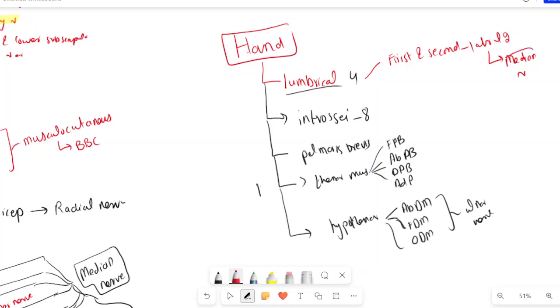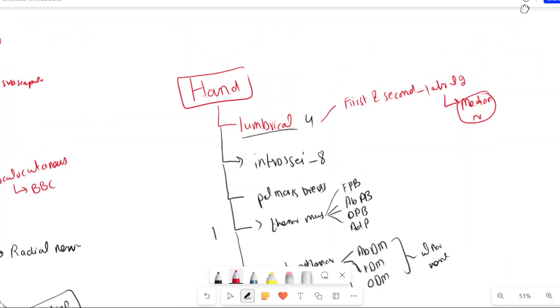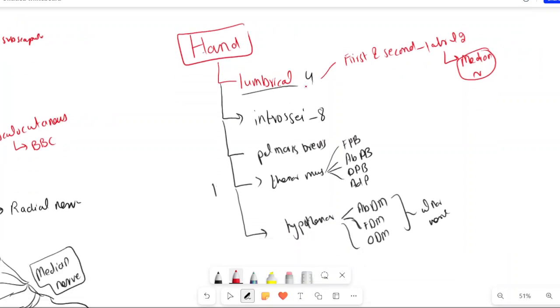So there are four lumbricals; the first and second, which are lateral, are supplied by the median nerve. And the other is the thenar muscles, which are also supplied by the median nerve. Only these three are supplied by the median nerve, and all others are supplied by the ulnar nerve.